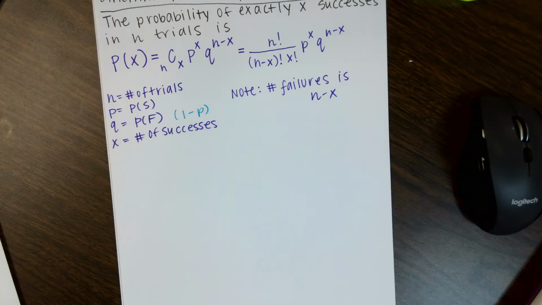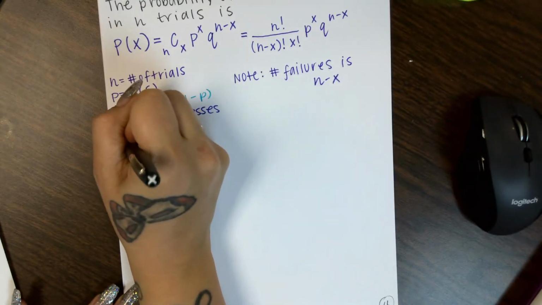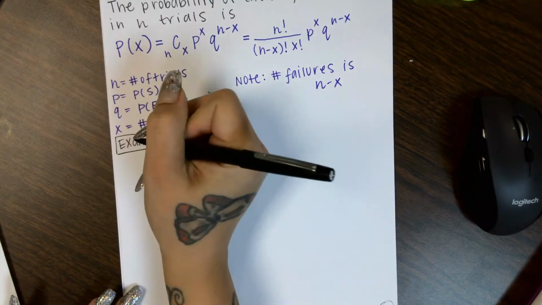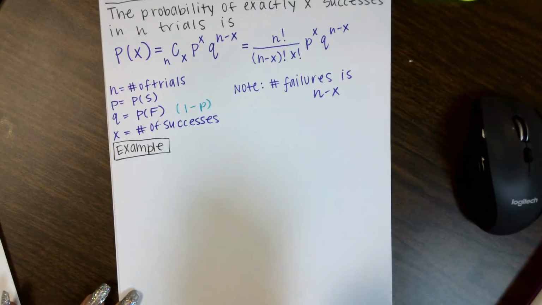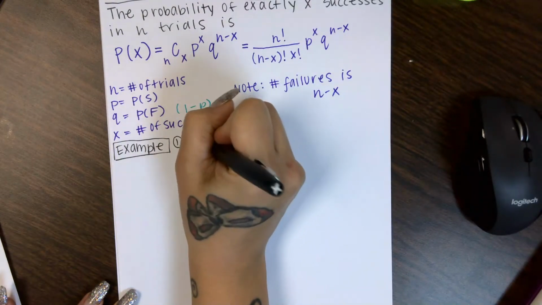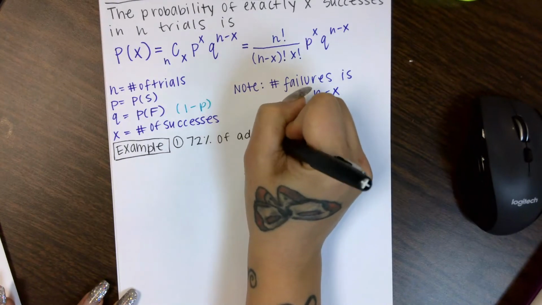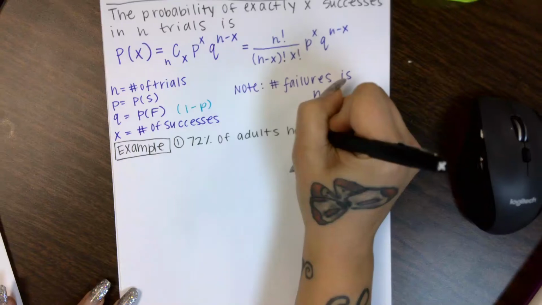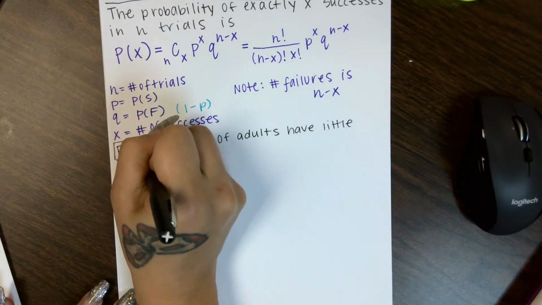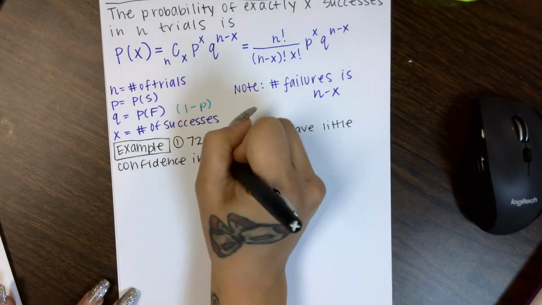Example. Okay. 72% of adults have little confidence in the news.